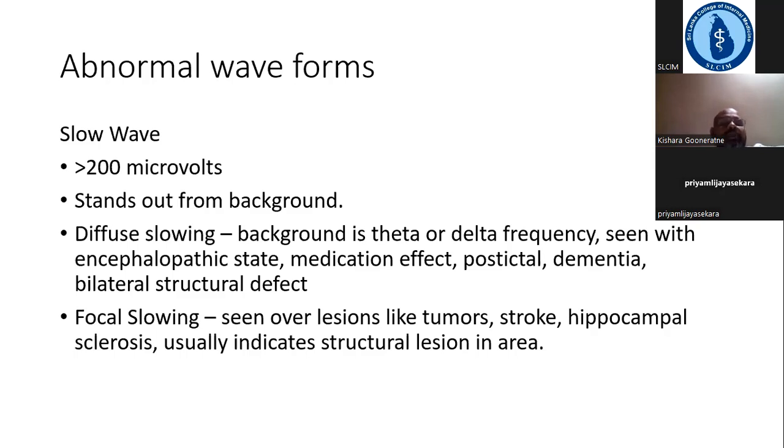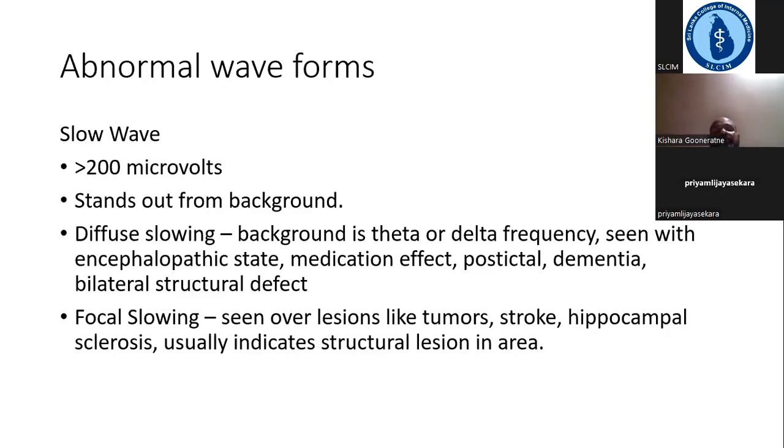Focal meaning are the slow waves confined to a certain region of the brain, looking at the montage on the left, or is this diffuse, where the whole background is slower than what we would expect for a normal awake adult over 18 years of age.